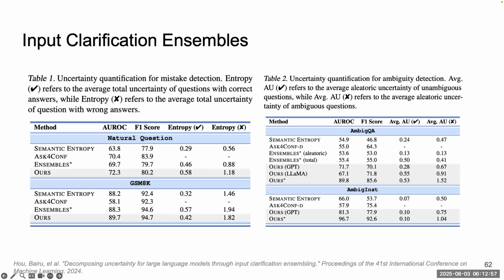So these results basically highlight that the input clarification ensembles is really good at detecting general mistakes, but is particularly powerful at distinguishing why the model is uncertain. So whether it's due to the input ambiguity or something else.